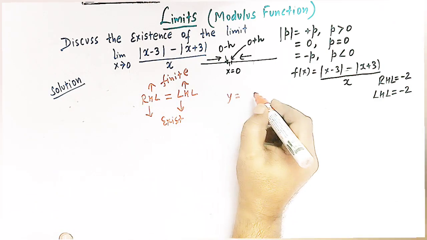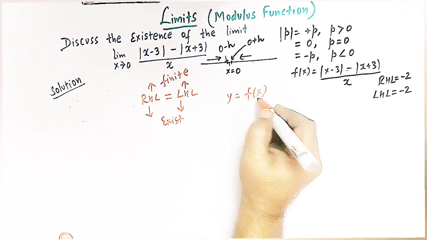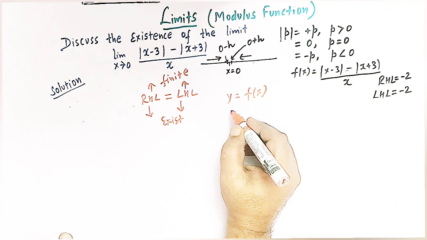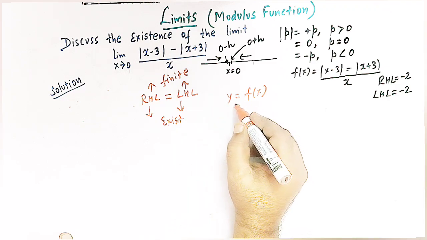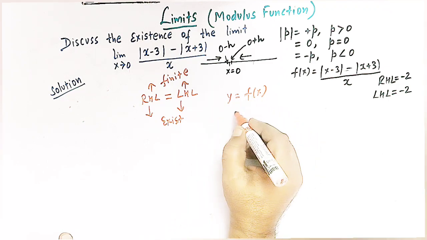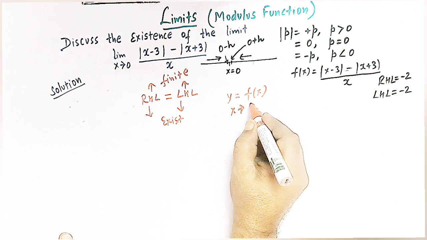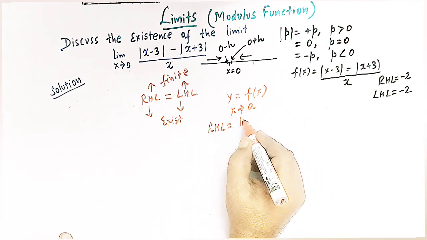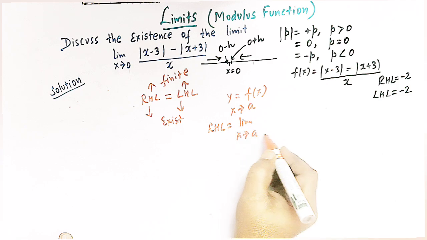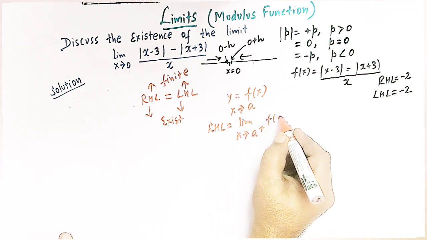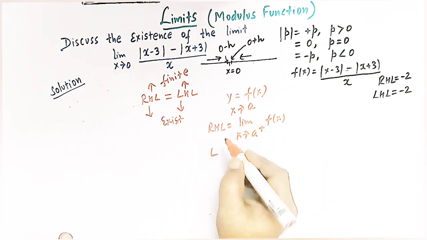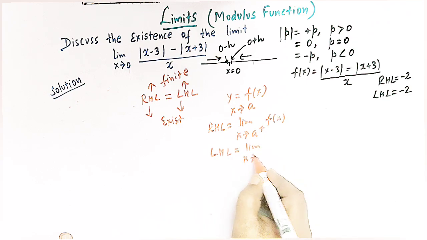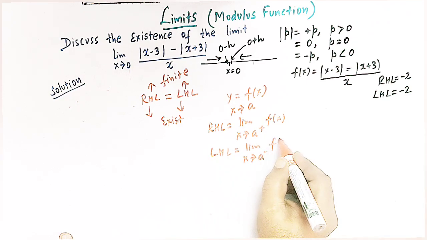because if we have a function, say y is equal to f(x), and we have to discuss the existence of the limit of this function when x approaches a, then we find the right hand limit, which is given by limit x tends to a positive f(x), and then we find the left hand limit, limit x tends to a negative f(x).